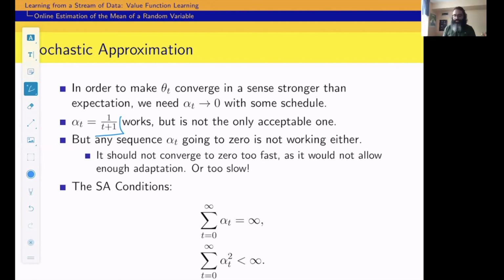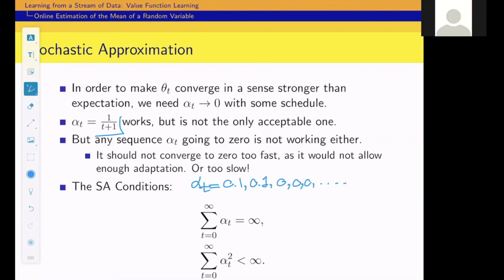Right, so too fast would be something that is very small. Maybe I can make an example, like a sequence of alpha: 0.1, 0.1, and then 0, 0, 0. Exponential decay is another good example of too fast.